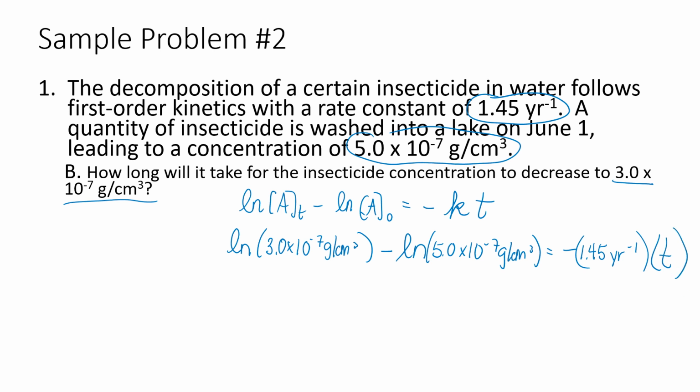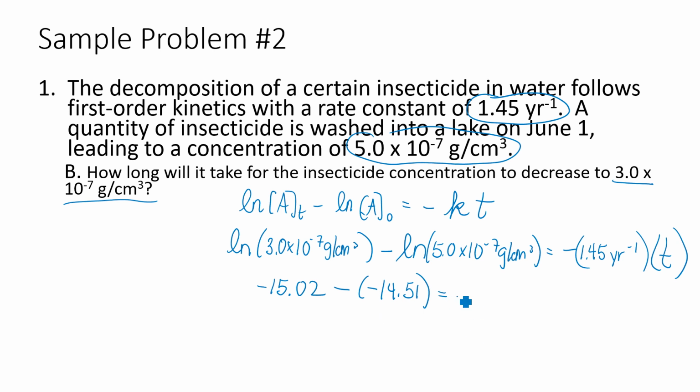Again, remember, with these natural log problems, just be really careful with sign. The natural log of 3 times 10 to the negative 7, if you plug that in your calculator, is negative 15.02 minus negative 14.51. Be careful because you're subtracting a negative. These two are unitless, because remember I said log values are unitless.